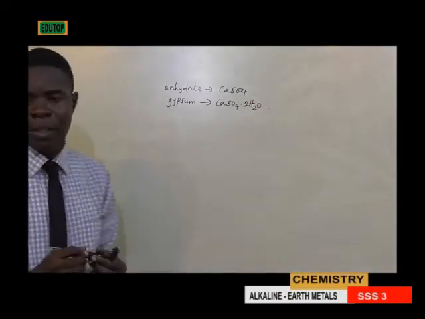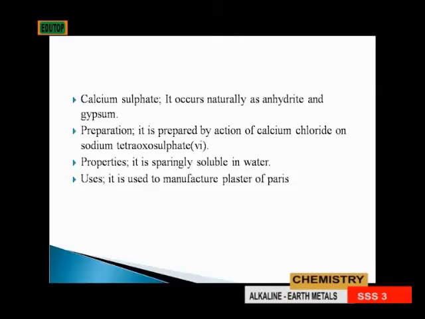So that is the mineral. Now, preparation. It is prepared by action of calcium chloride on sodium tetraoxosulfate (VI). Properties. It is sparingly soluble in water. Uses. It is used to manufacture plaster of Paris.